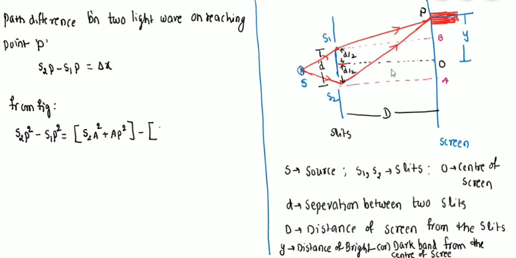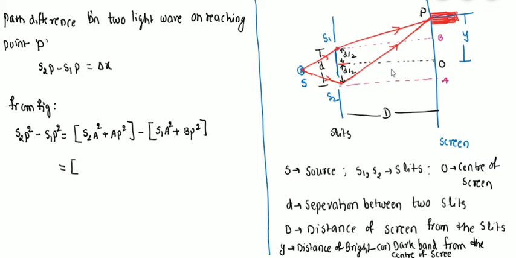We write S1B squared plus BP squared. From where are we writing these two? We are writing these from triangle S2AP and triangle S1BP. From these two triangles we are writing this one. Okay, right. And now we have to simplify this.